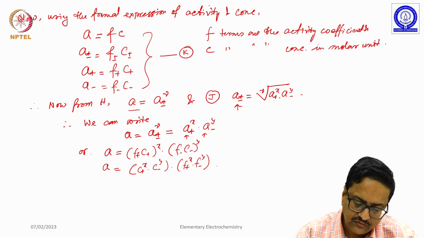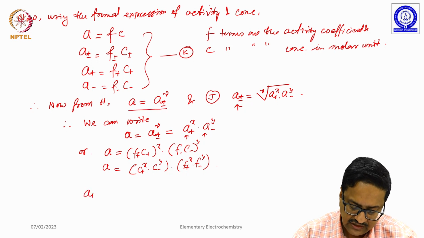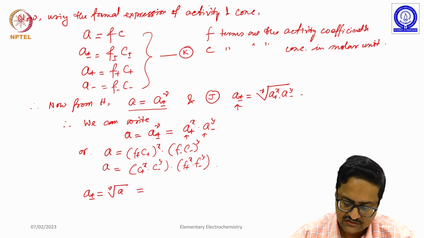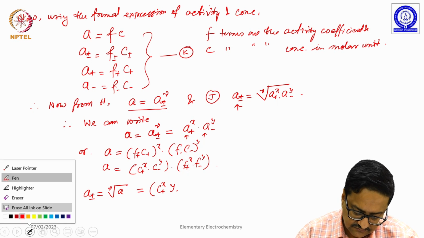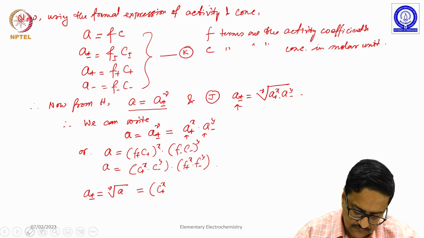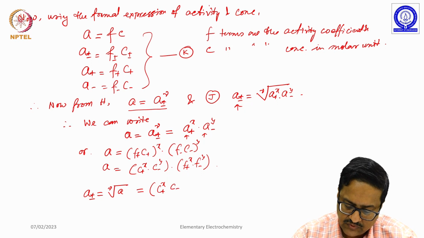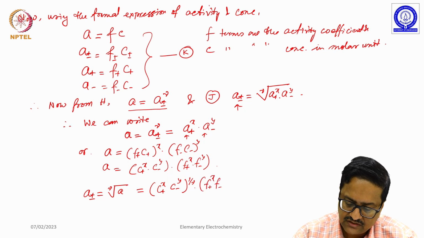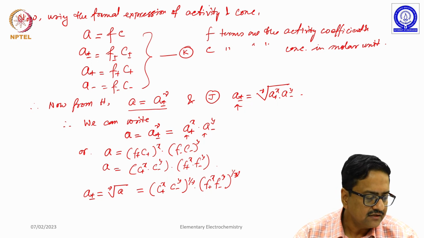So from this equation we know that A plus minus is equal to the nuth root of A, which essentially means that it is equal to c plus to the power x, c minus to the power y, to the power 1 by nu, into f plus to the power x, f minus to the power y, to the power 1 by nu, right.